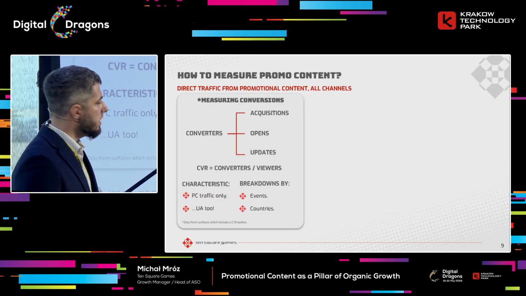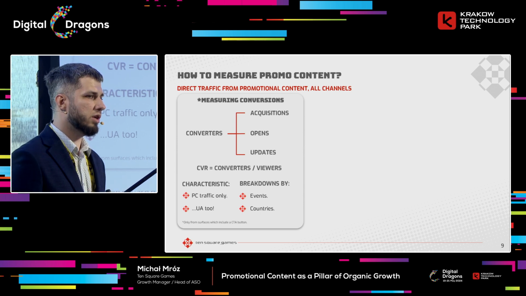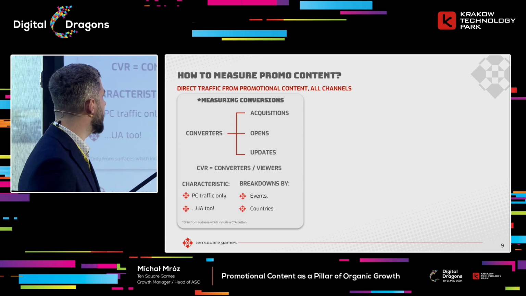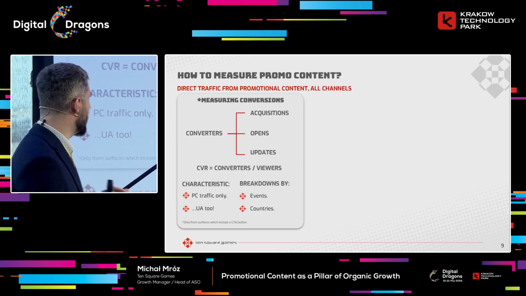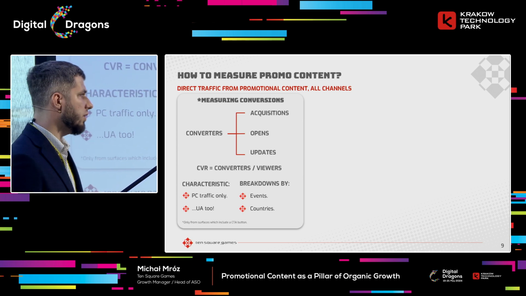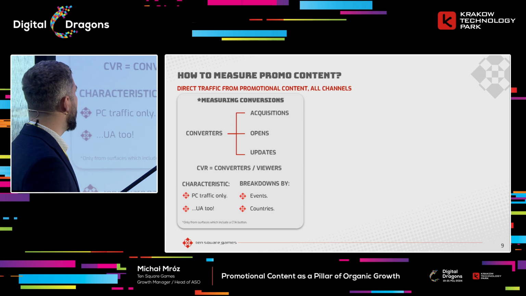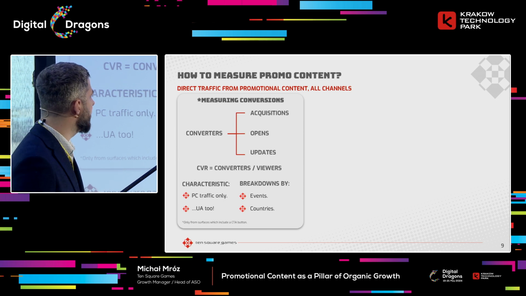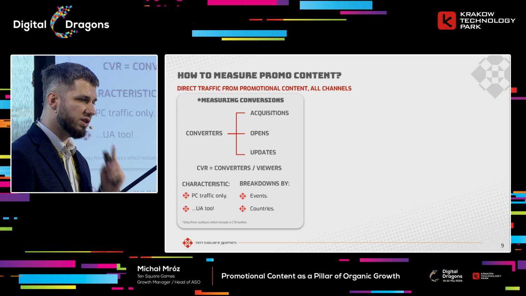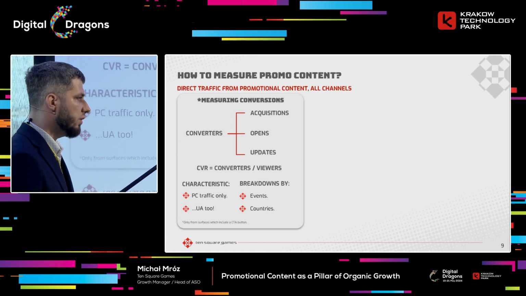So we can start with the first major way, because there are 2 major ways to actually measure the promotional content effect. The first thing is just to measure the promotional content itself. Google Play Console introduced 3 metrics just for this purpose, and they are quite self-explanatory. So for example, you have acquisitions, which are new users who acquired the game through promotional content, through the CTA button on the card.